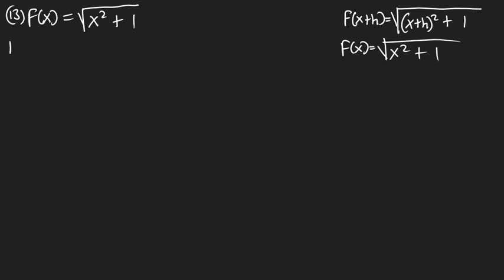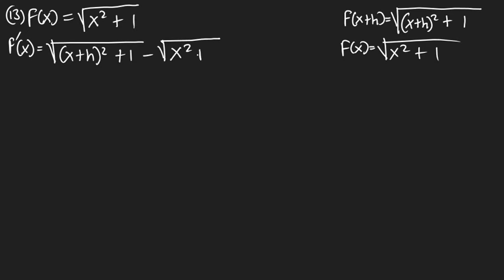Using first principle, f prime of x is equal to the square root of x plus h to the power 2 plus 1, minus the square root of x to the power 2 plus 1. Everything is going to be over h.